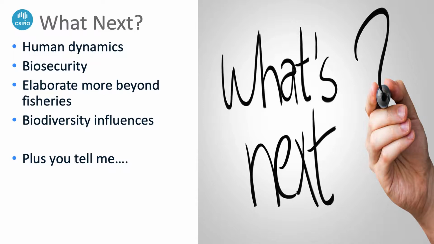I've always been a bit resistant to doing a global or even a national Atlantis. I think that would be quite complicated, but we might be able to learn lessons from those models into how to bring in the influences of that multi-scale biodiversity back to Atlantis. Also, in the question and answer session, I'd like to hear what would be of interest to any one of you into what to add into Atlantis.